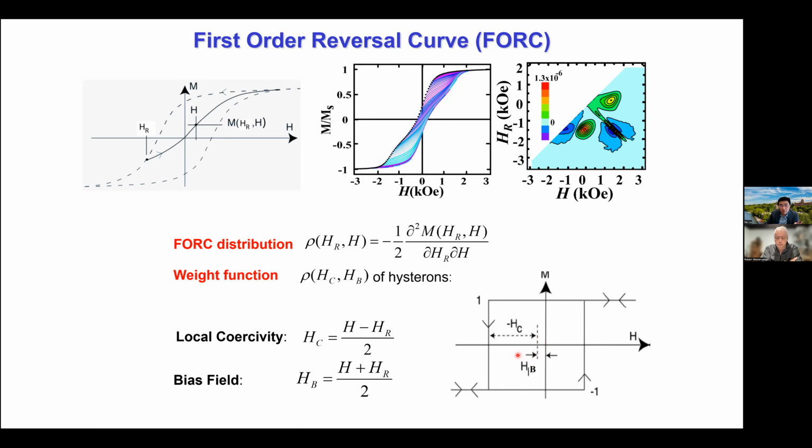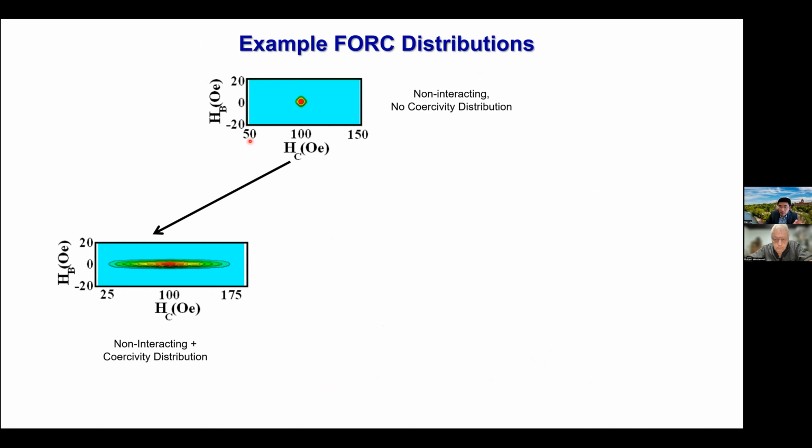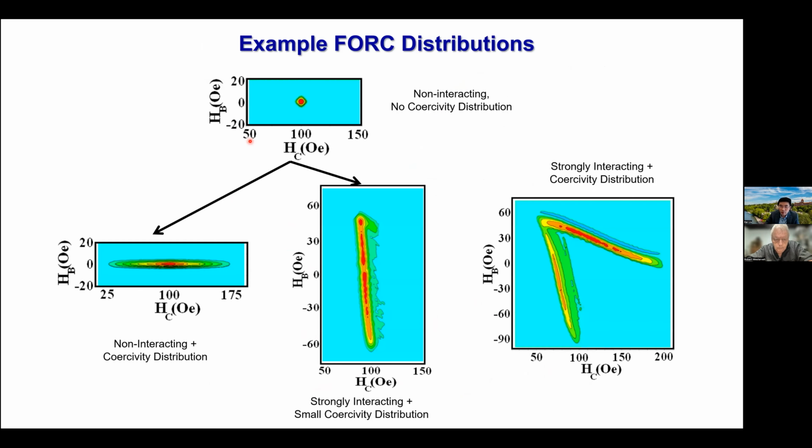So when we plot the FORC distribution, we can use either coordinates. We can use HC-HB, which illustrates distributions of coercivity and bias field. We can also use H-HR, where H is the applied field and HR is the reversal field. They tell us different aspects.